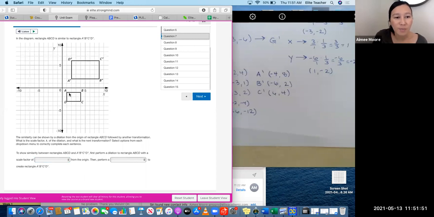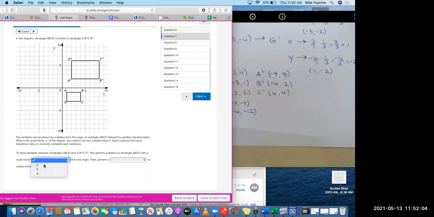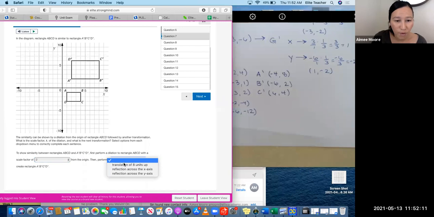You can look just by counting the sides: the length of this side is 3 and the length of this side is 6. So what do we need to do to 3 to get to 6? We need to multiply by 2. So it would be the scale factor of 2. And then do we need to perform a translation of 8 units up, a reflection across the x-axis, or a reflection across the y-axis?